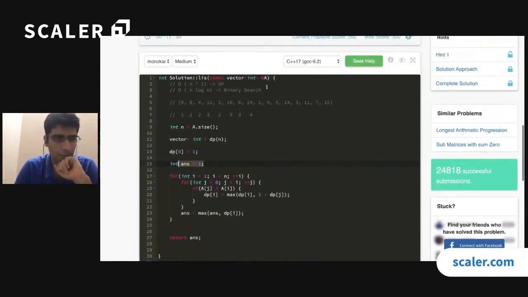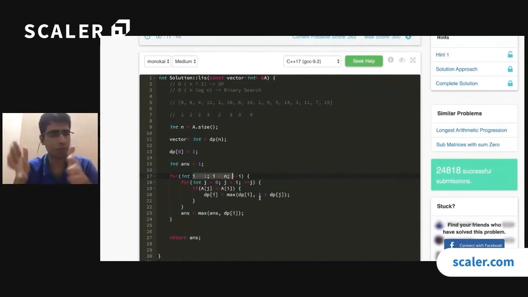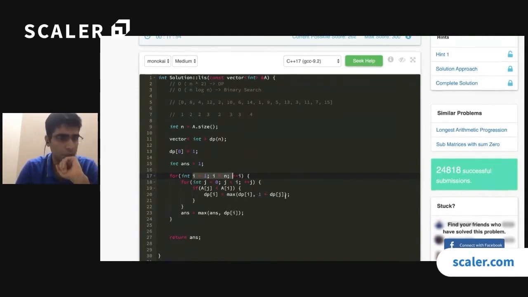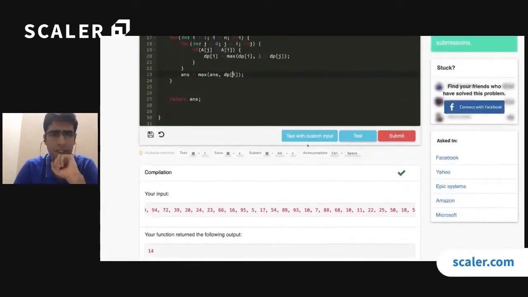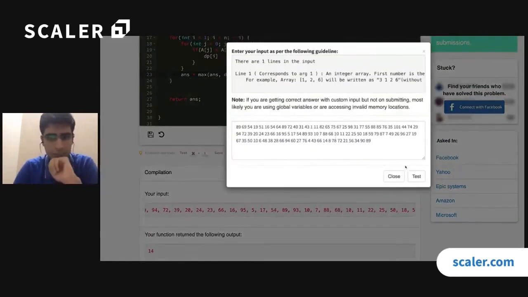Then I say if array[j] is less than array[i], I update dp[i] to max of dp[i], comma, what was the value presently there, and 1 plus dp[j]. That is also fine. But the answer here is 15. Let me try to debug this code as to why this is happening.